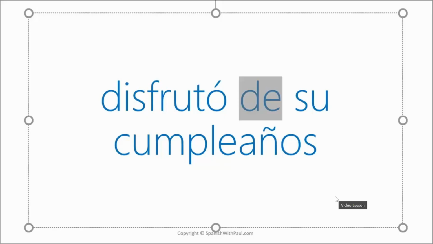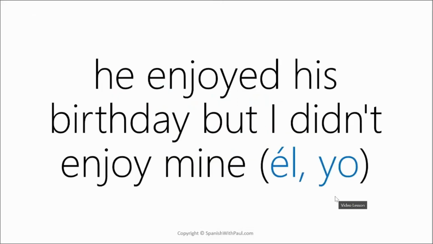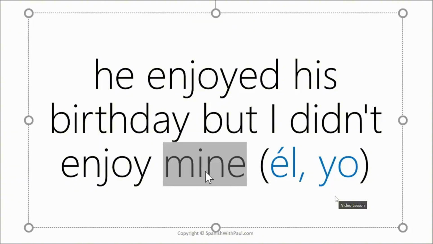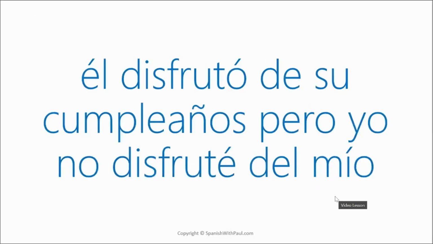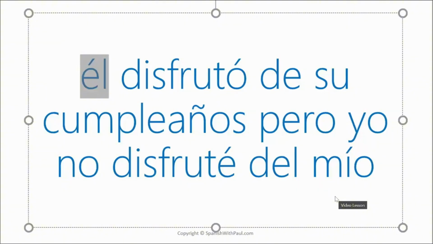Now, if we get something a little more complex, for example, he enjoyed his birthday, but I didn't enjoy mine. Here we have now the possessive pronoun. And cumpleaños is classified as a singular masculine noun in Spanish. So the whole thing together would become él disfrutó de su cumpleaños. So he, notice that I'm emphasizing here, él disfrutó de su cumpleaños.